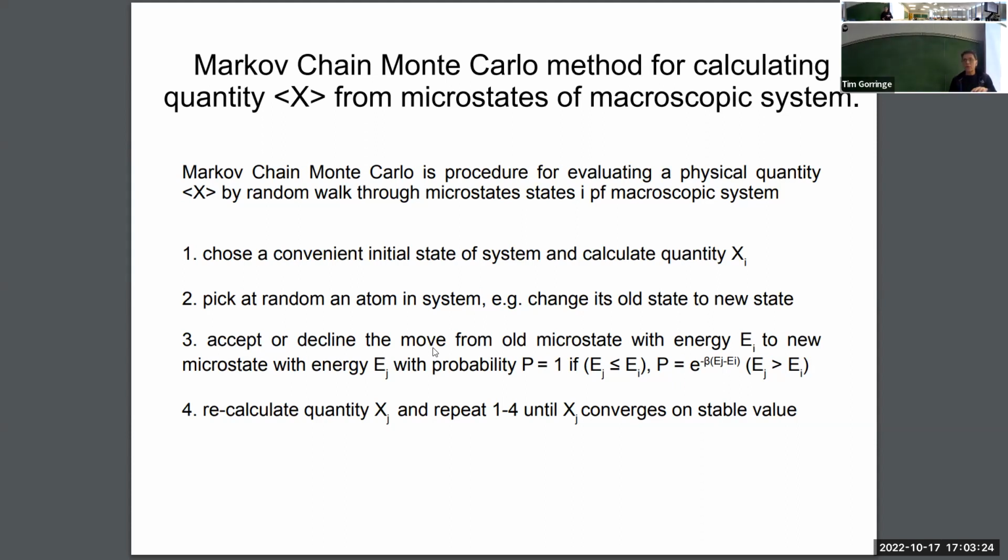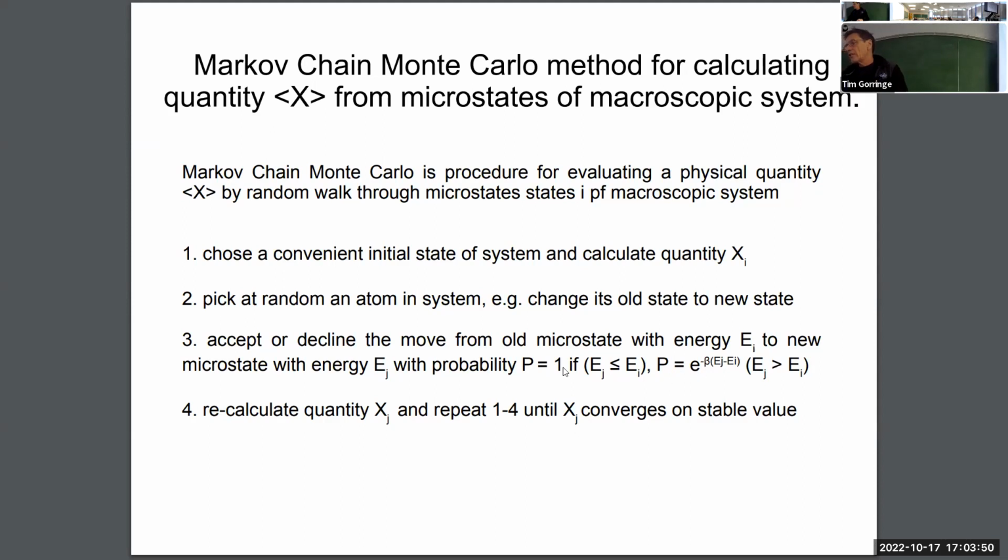If you increase the energy, then we're going to accept it with a probability that's based on that Boltzmann factor, where the argument is the difference between the old energy and the new energy. That's this little guy over here on the far right.